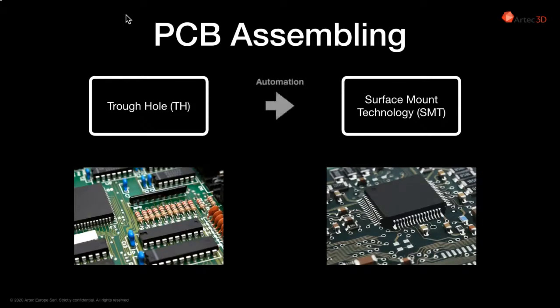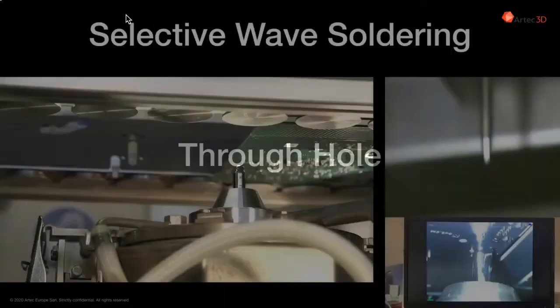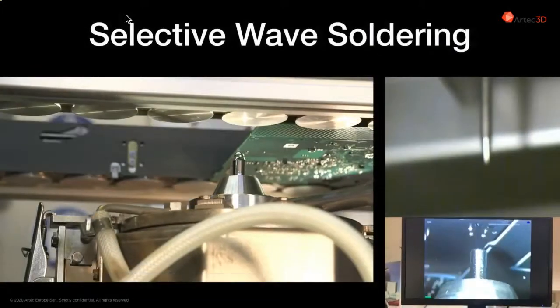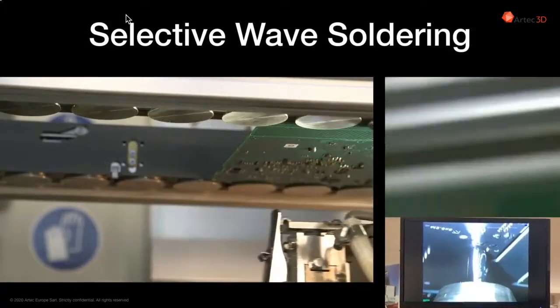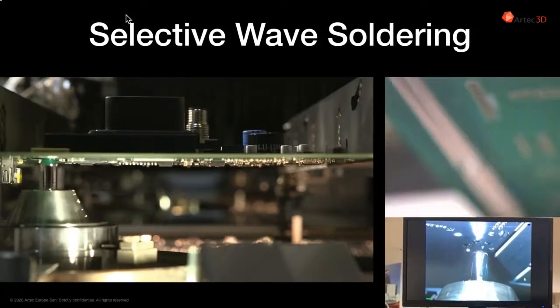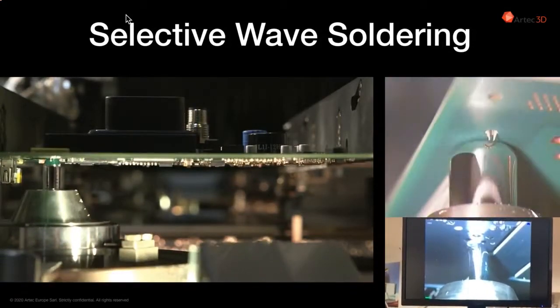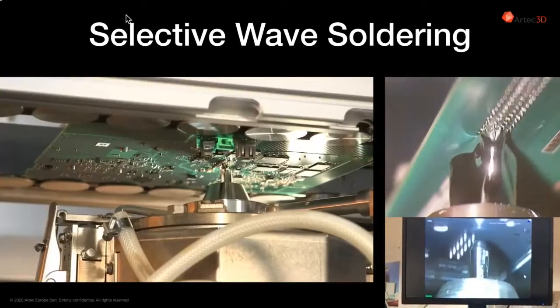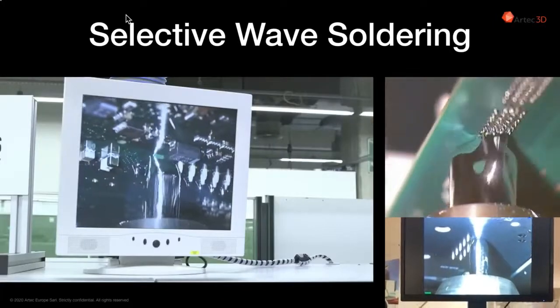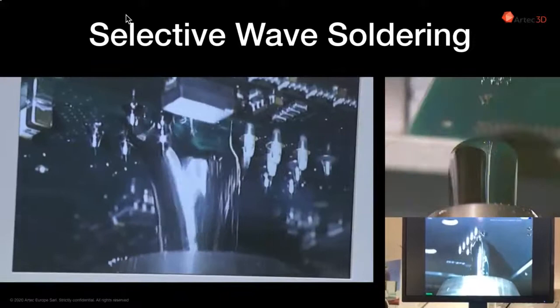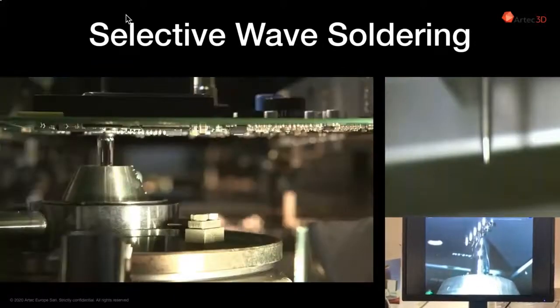Why is surface mount technology more popular now? Because of automation. But through hole is still very popular in some particular cases. For instance, we are using this technology for some external connectors, because of the very high mechanical stability of these parts.